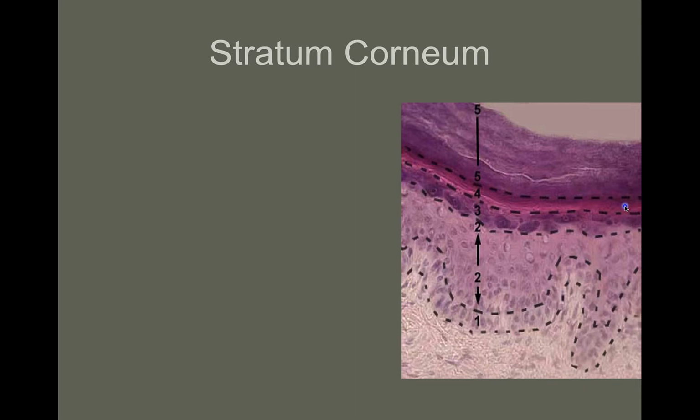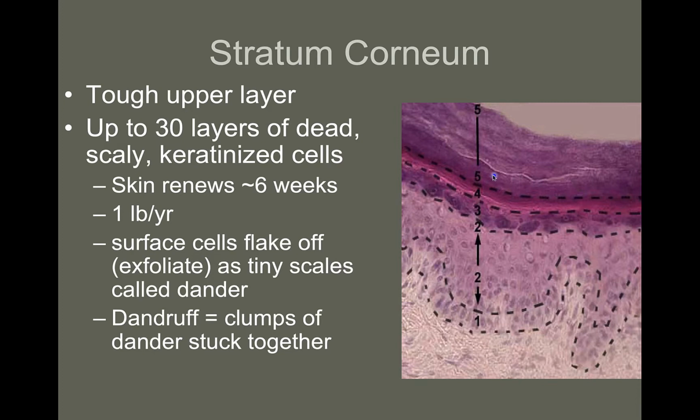Okay, now more superficially, remember our basale, it's replicating, it's pushing all of these cells upwards. So this is our tougher upper layer, and it's really thick. We can see here it's the thickest of our layers, up to 30 layers of dead scaly skin cells. These basale cells that we're replicating, by the time they divide and make their way up through all of these layers, about 6 weeks later, it will slough off and float around your house as dust or get stuck on your bed frame.